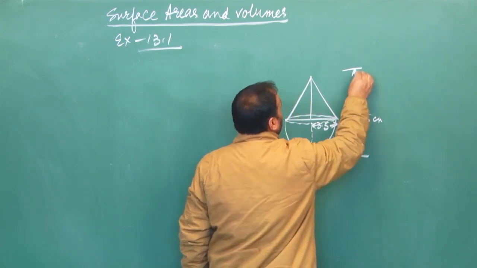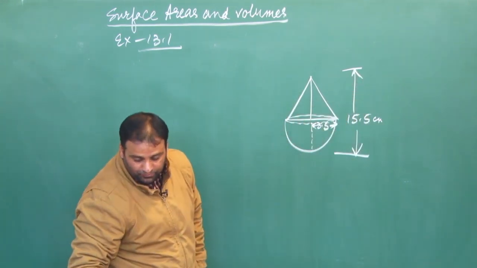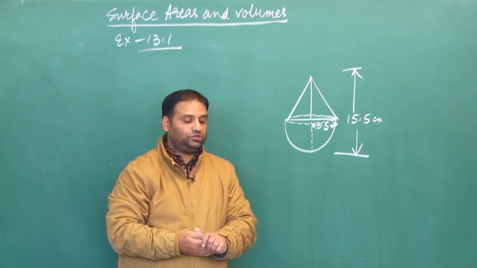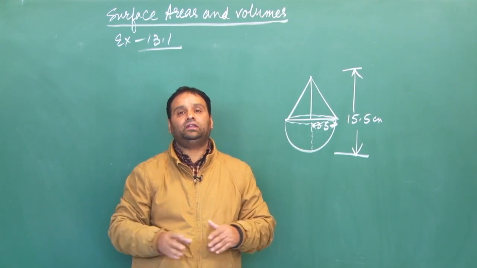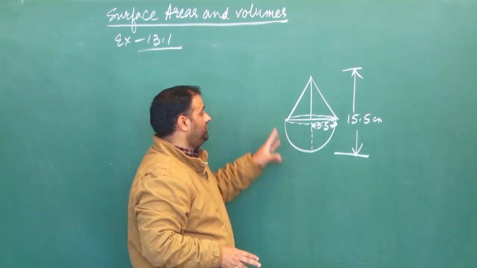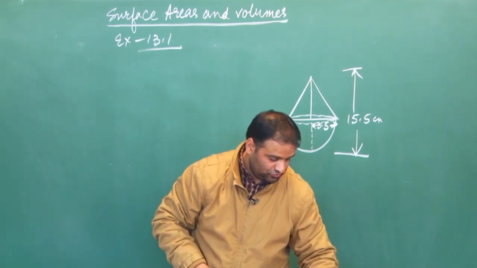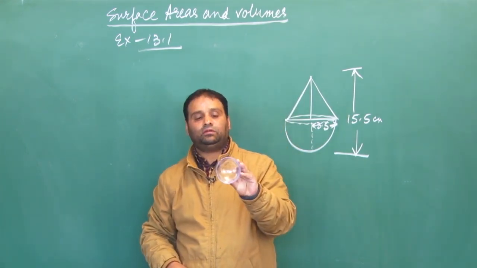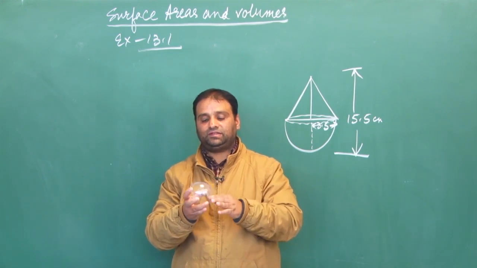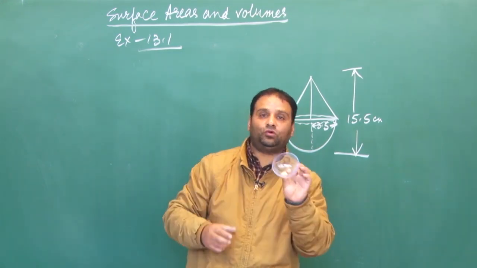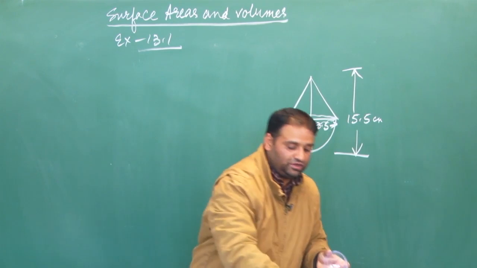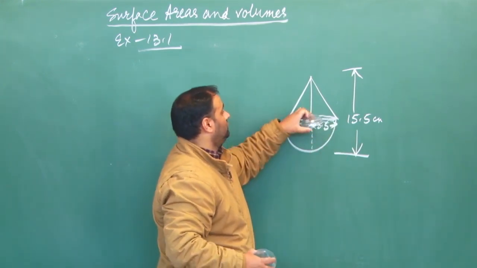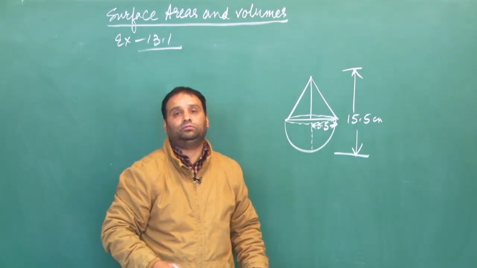Now, we are told to find the total surface area of the toy. Now, we need to understand and imagine how this figure forms. Suppose we take a hemisphere, the half of the sphere with a curved surface and a circular base, it's hollow. And then we take another figure of the toy, that is the cone portion.